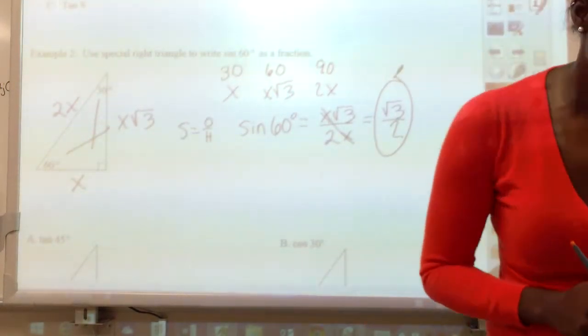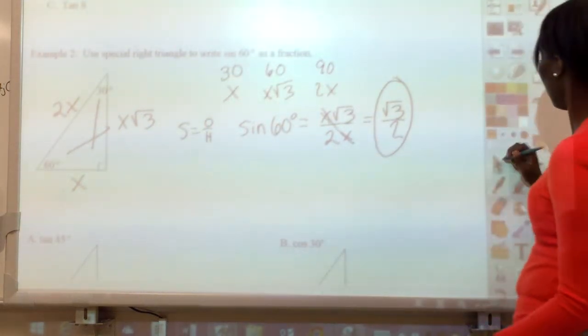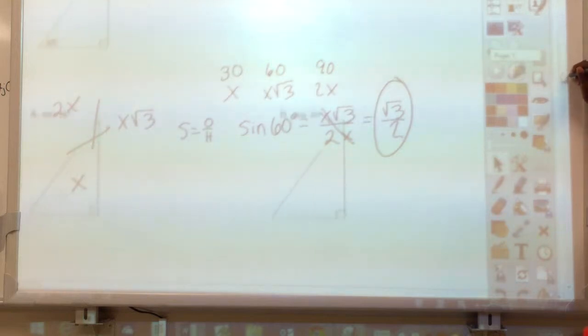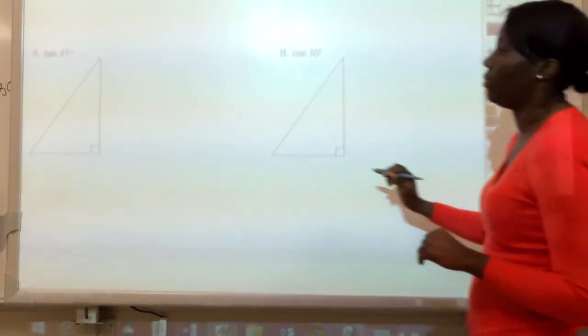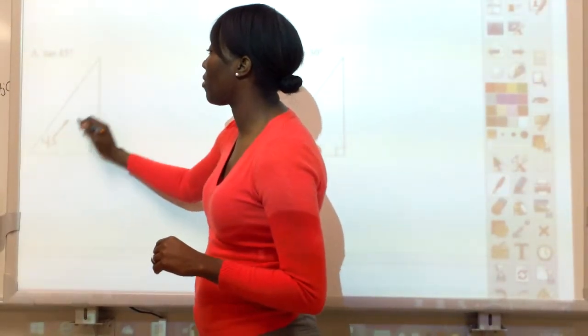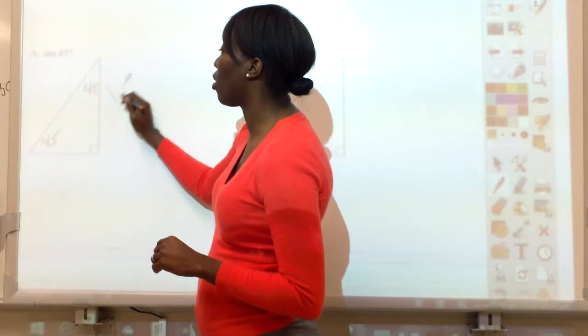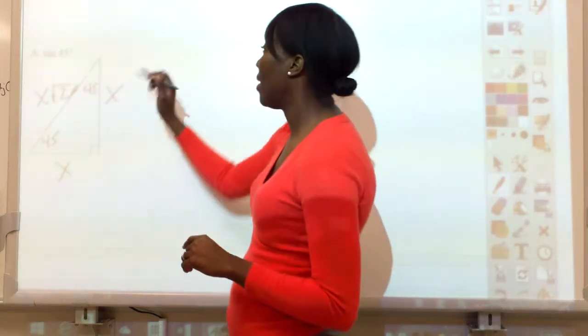Got it? Okay, let's scroll down to the other examples. We're going to look at 2 more using special rights. Tangent, remember tan? This says 45, 45, 90. If you remember, the legs are both the same, and the hypotenuse is x radical 2.